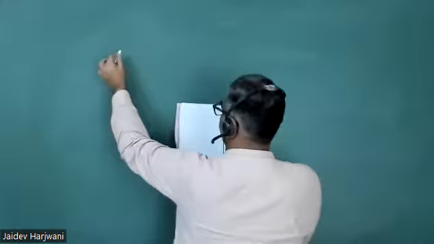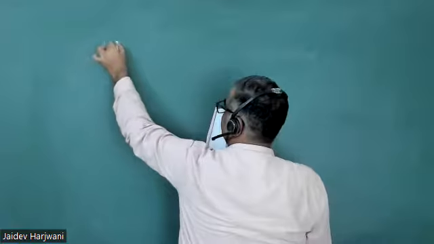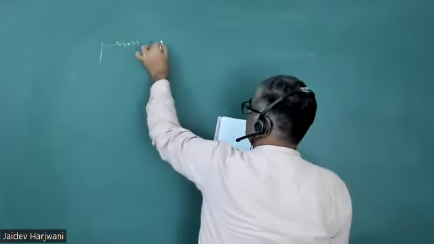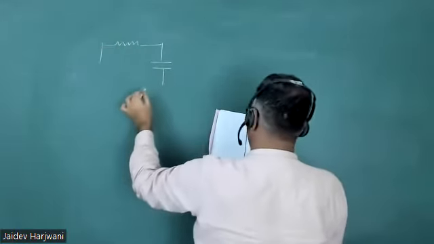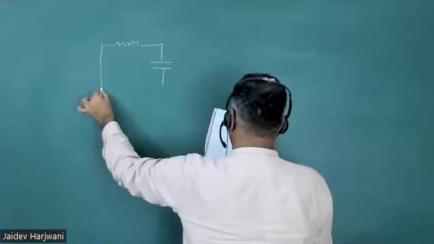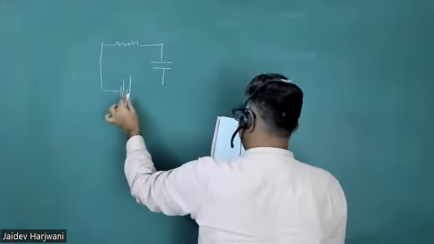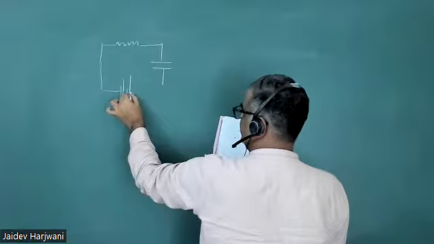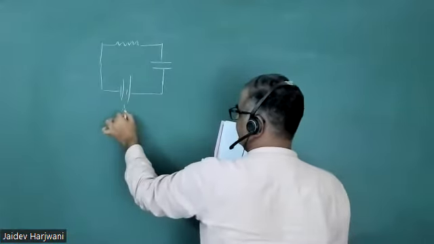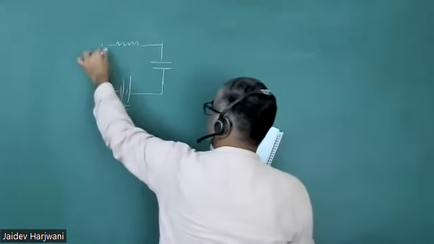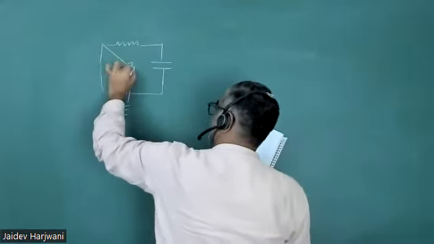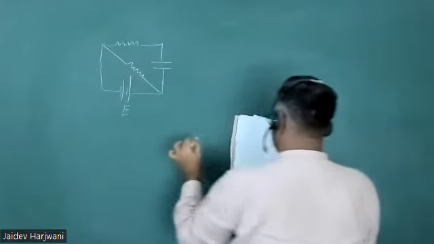So let us see this one. You have minus plus, okay. Here battery is given with E. Here they have connected one resistance here, okay.